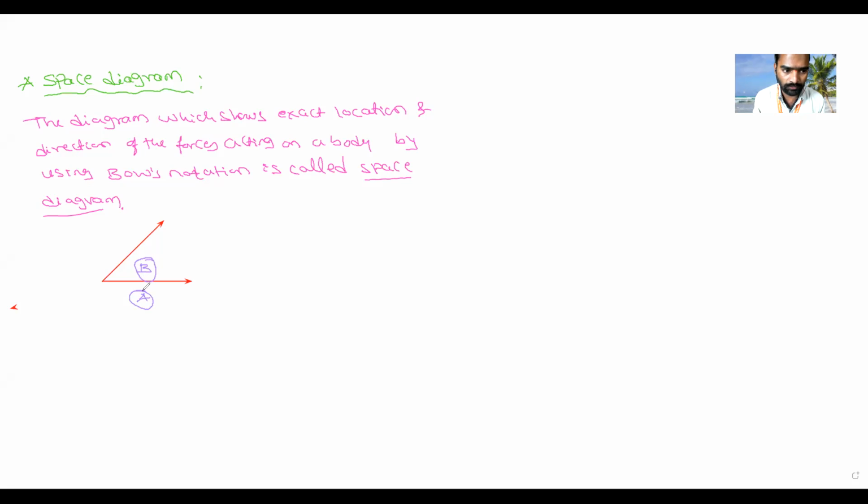So I will take this AB force, and one more, BC force. This force I will call F1, and this force F2, and this is called the space diagram. The diagram which shows the exact location and direction of forces acting on a body by using Bow's notation is called space diagram. Is it clear? Yes, sir.